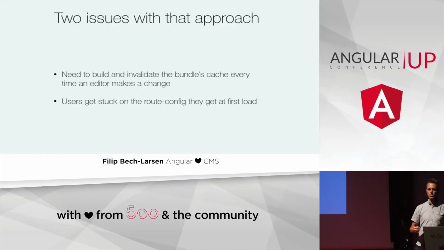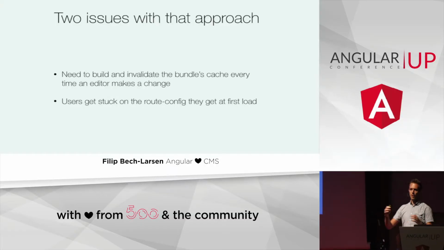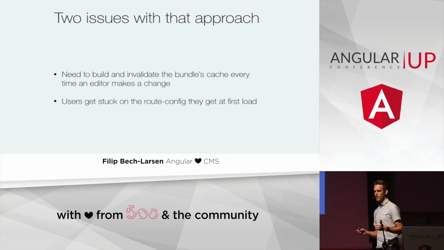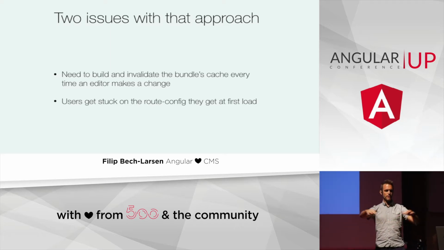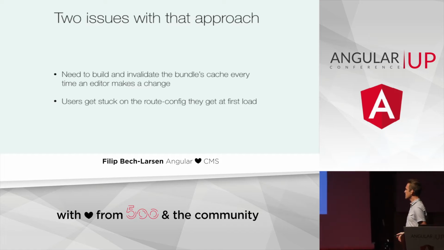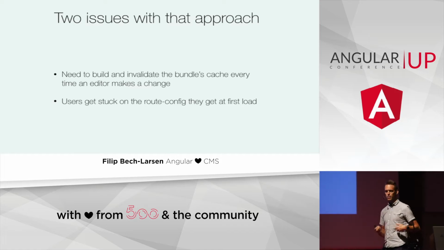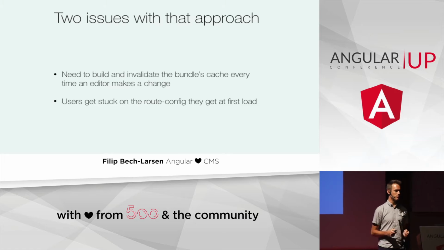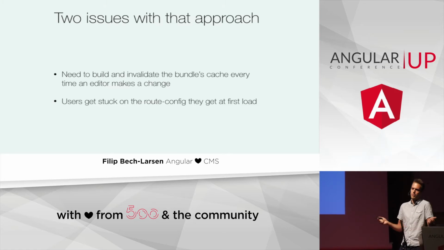But the problem is that would mean that every time any page would change, we would need to re-invalidate all that and download it again, and we would need some kind of mechanism for the CMS to tell the clients that there's been an update so they could get all the routes, because otherwise they'll just get stuck on the route config they get when they first load the page. And the idea, which is also the problem with single page apps, is that the user never reloads.